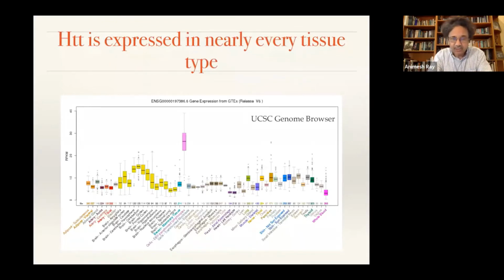Why is it that only the brain cells degenerate because of this particular mutation that increases the number of CAG trinucleotide? And this is not uncommon because all of those 30 different kinds of cerebellar ataxias that I talked about, they all show trinucleotide repeats, not in this gene, but in other genes. So there seems to be a common mechanism.